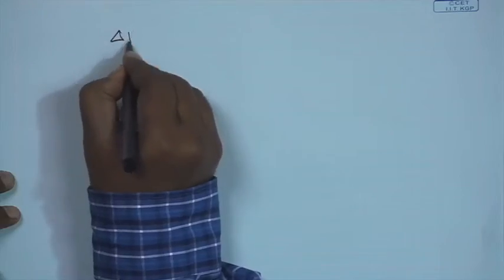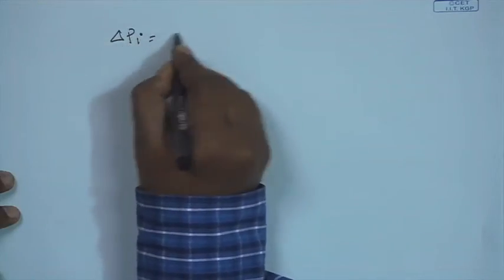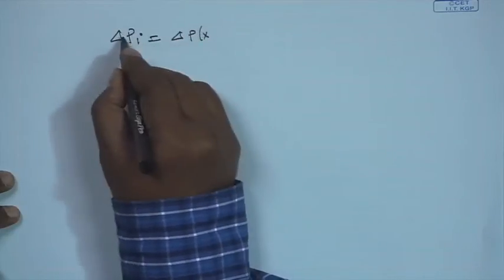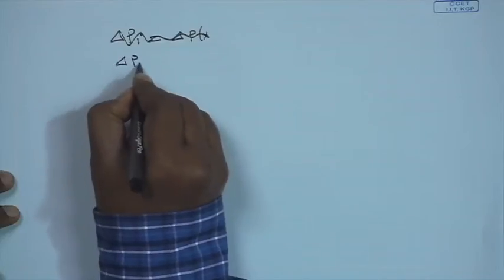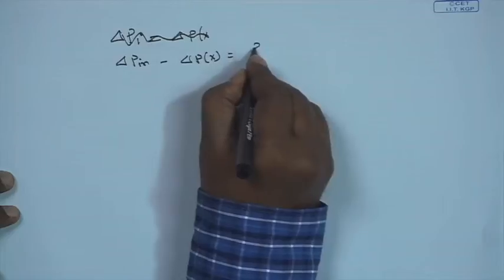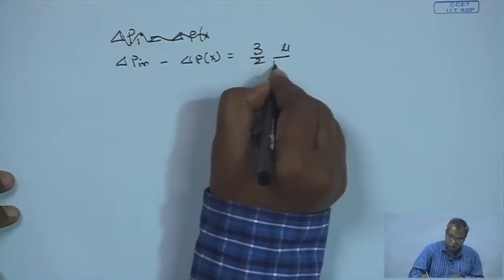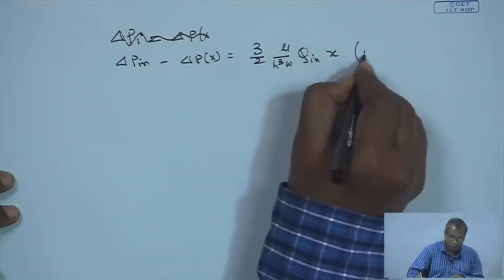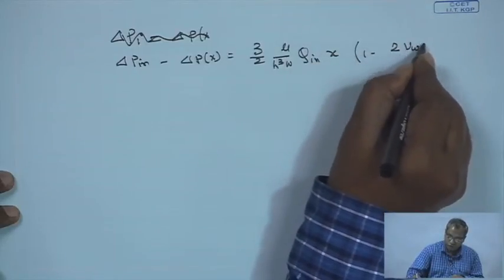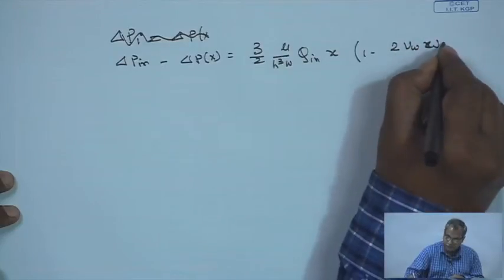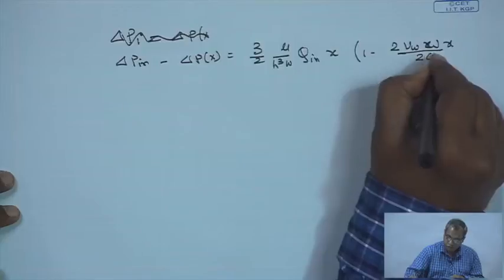Substituting the boundary conditions, you ultimately get Δp in minus Δp at any x location equal to 3/(2μ h³ w) q in times x times (1 minus 2 V_w w x divided by 2 q in).